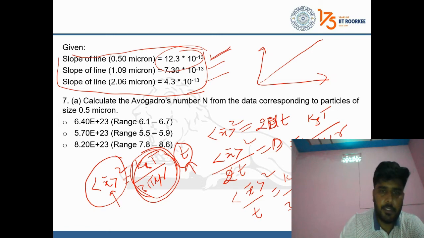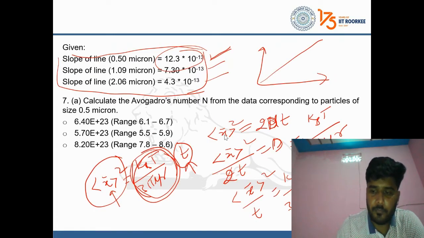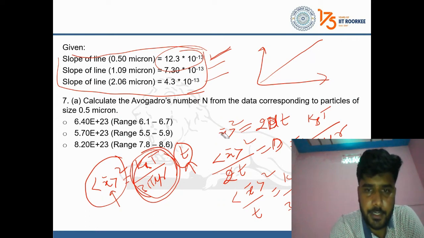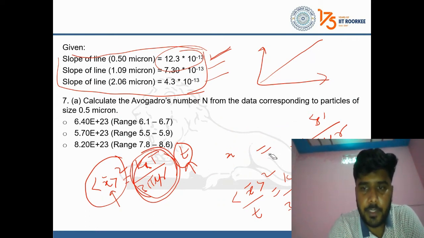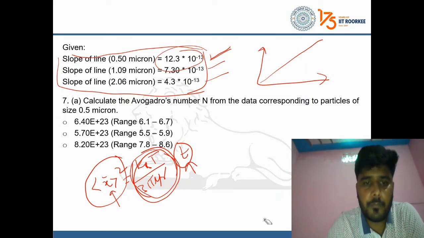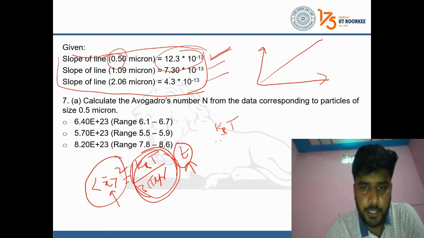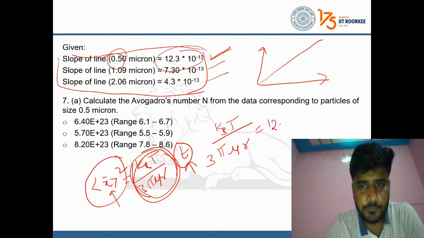I am just solving. First I am solving for kBT over 3 pi mu r, which is 12.3 times 10 raised to minus 30.